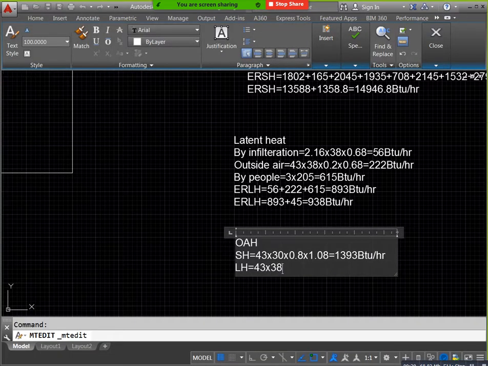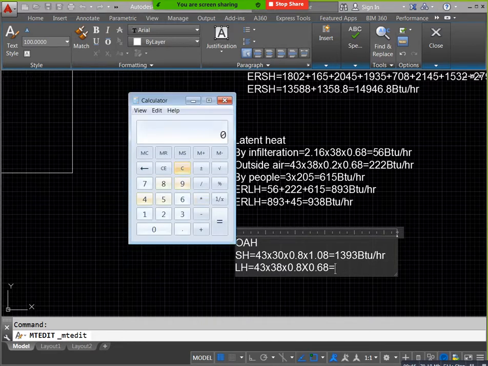This is our latent heat formula. Now we calculate 43 into 38 into 0.8 into 0.68, which gives 889 BTU per hour.